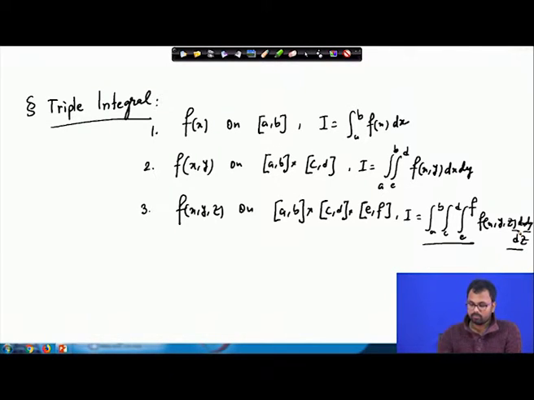Now we know that in case of function of one variable we could define the upper integral sum and lower integral sum. From there we defined the upper integral and lower integral accordingly, and if the upper integral and the lower integral are the same, then we can say that the function is integrable or Riemann integrable. In case of function of two variables, we saw that a similar concept works.